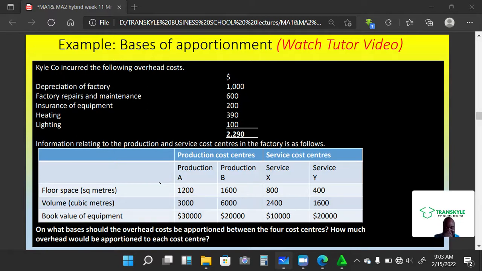The first thing we have to worry about is on what basis shall we apportion depreciation of the factory, or let's say the depreciation of the factory building itself.